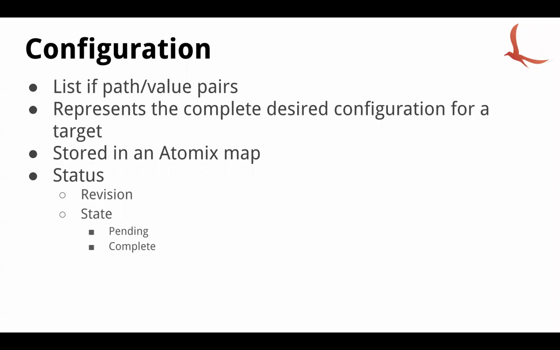A configuration is just like what a snapshot is in the current code base: a list of paths and values that represents the complete desired configuration for a target, stored in just a regular atomics map. We don't have to manage a separate log.